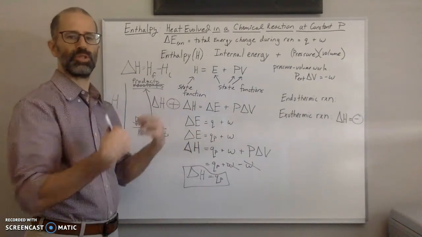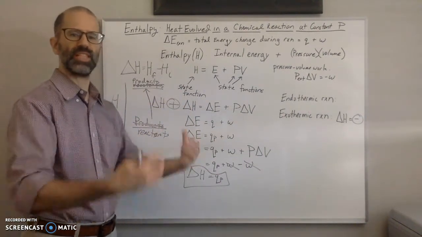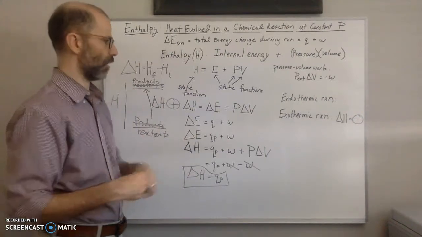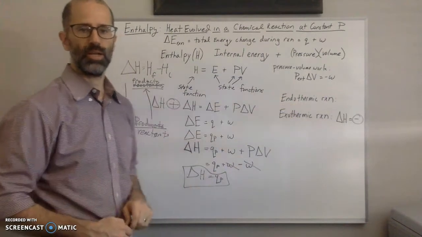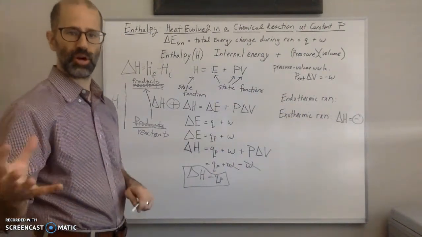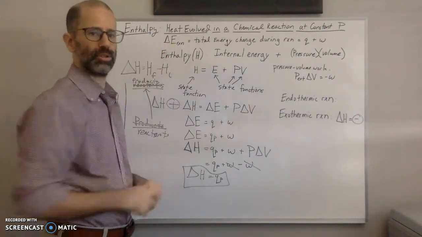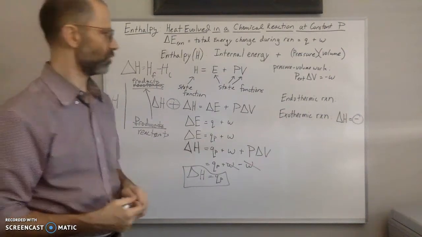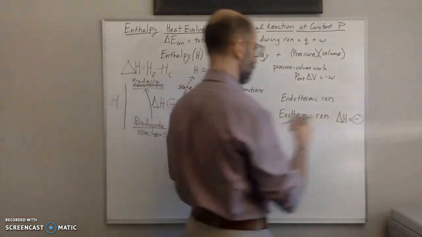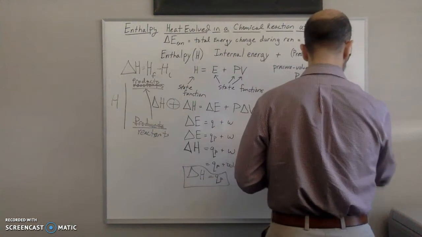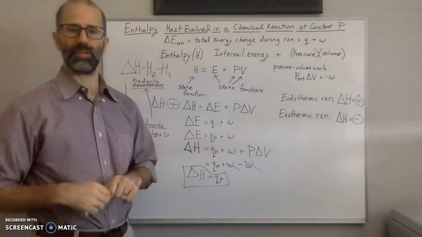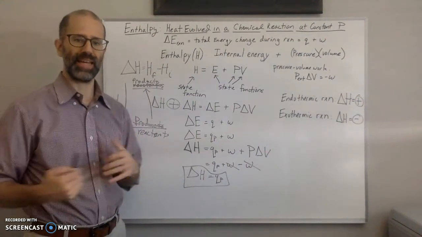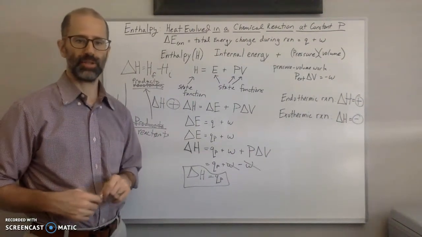So the system is receiving energy, receiving heat. And so that would be an endothermic. Endo referring to going into. So the energy, the heat, the therm is going into the reaction or into the system. So in this case, delta H is going to be positive. So that's what we mean by exothermic and endothermic reactions.